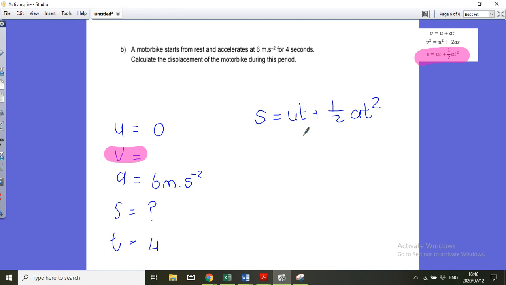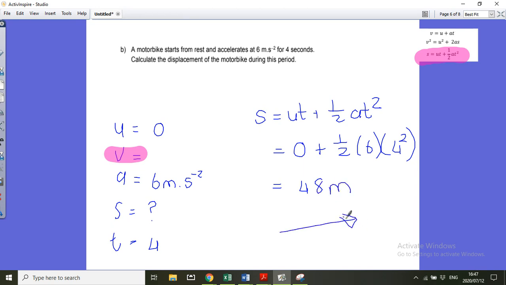Just for choosing the correct equation, we give you a mark. S is what we want. U we know is 0, so this whole piece falls away. Plus a half. A is 6. And T is 4. Please don't forget the squares. We see that way too often. And that gives me 48 meters. And that's your first practice done.